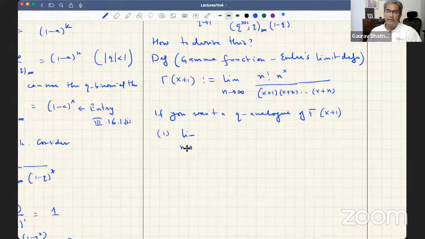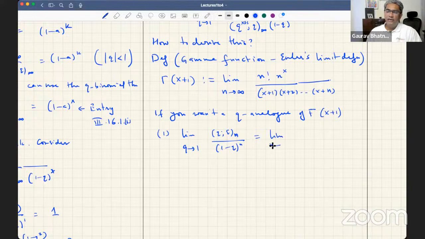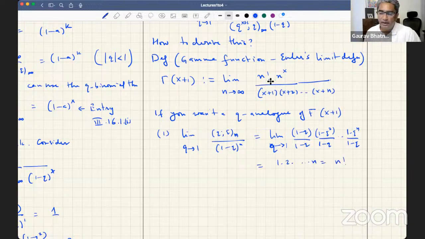You notice that the limit as q goes to 1 of (q;q)_n over (1 minus q) raised to n is the limit as q goes to 1 of 1 minus q over 1 minus q, 1 minus q squared over 1 minus q, and so on. So that will be 1 times 2 up to n. So that's n factorial. So the n factorial part comes from here.